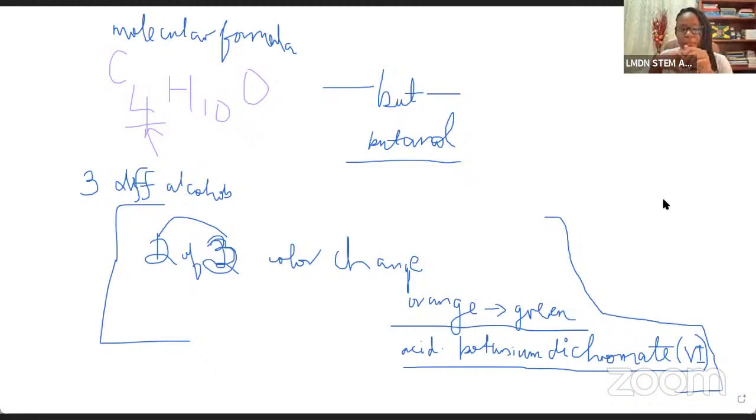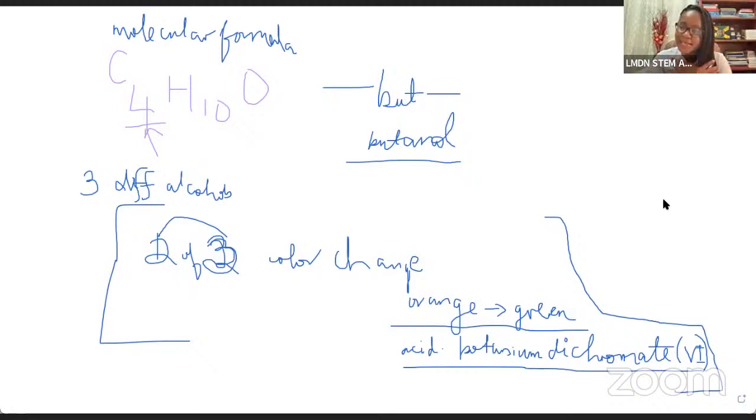Oxidation can be when a compound gains an oxygen, right? It can be when a compound loses hydrogen, that's oxidation too. It can be a loss of electrons, right? Because oil rig. And it can also mean that there's an overall increase in the oxidation state or the oxidation number. So those are just definitions for oxidation.